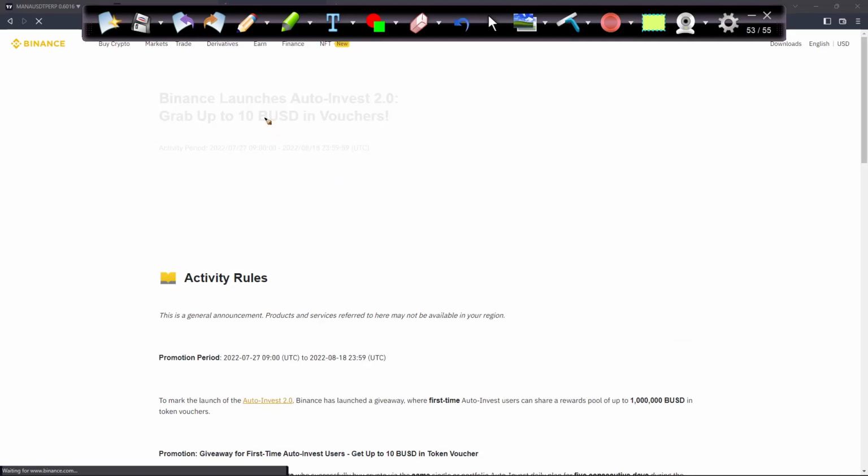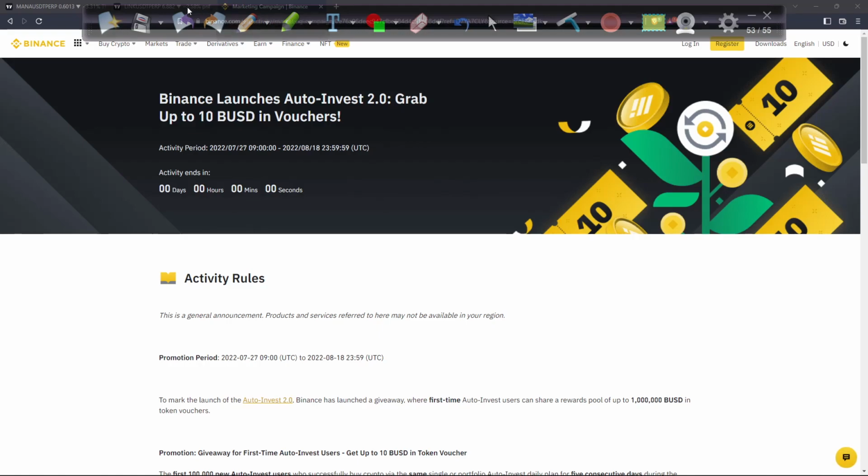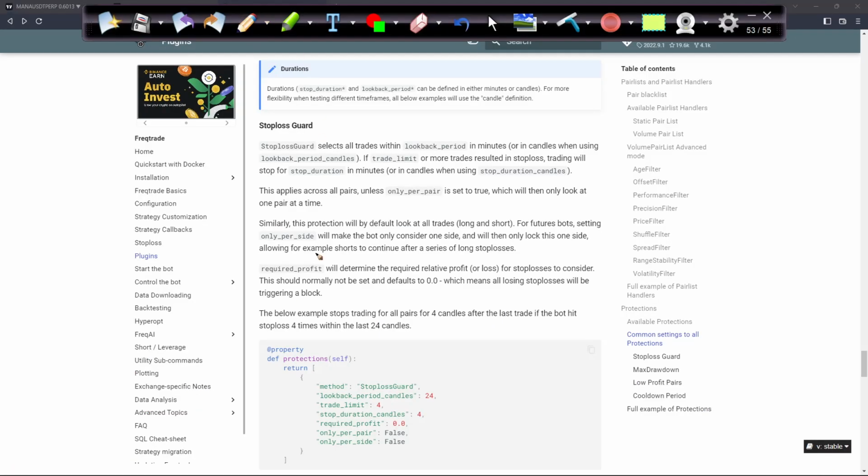Now we have Stop Loss Guard. Stop Loss Guard selects all trades within the lookback period in minutes, or in candles when using lookback period candles. If trade limit or more trades resulted in stop loss, trading will stop for the stop duration in minutes, or in candles when using stop duration candles.